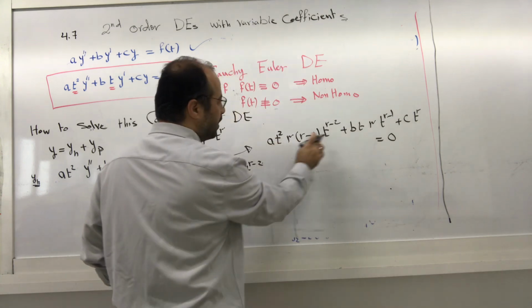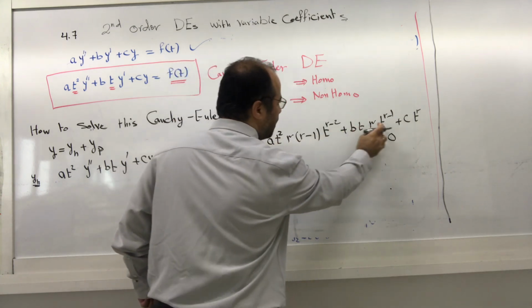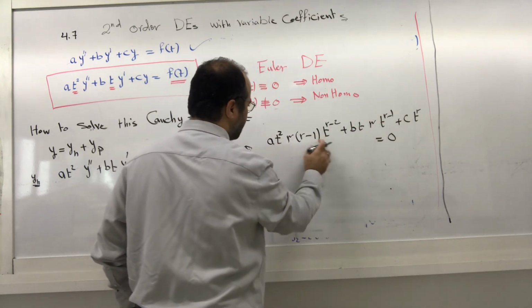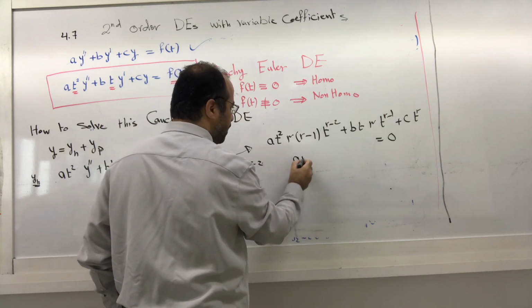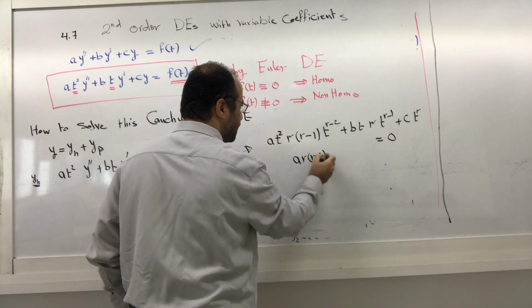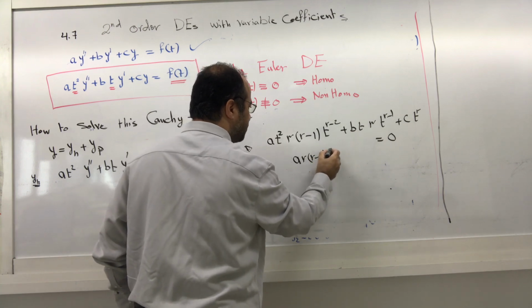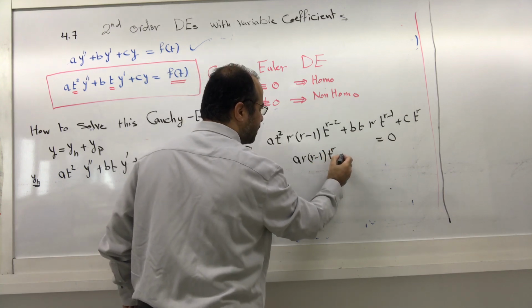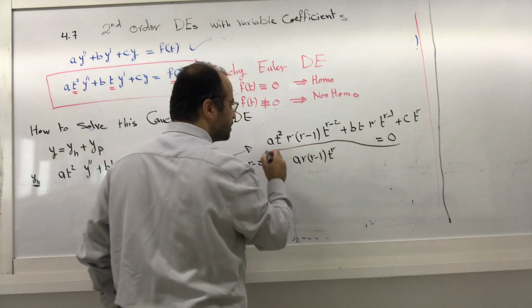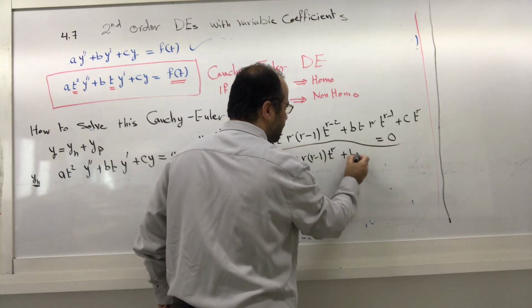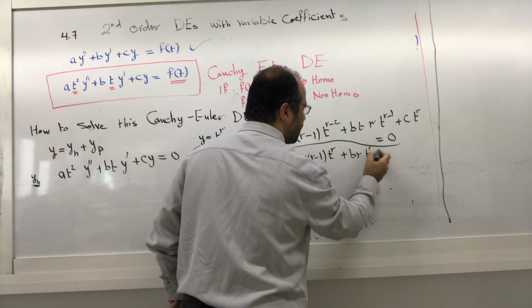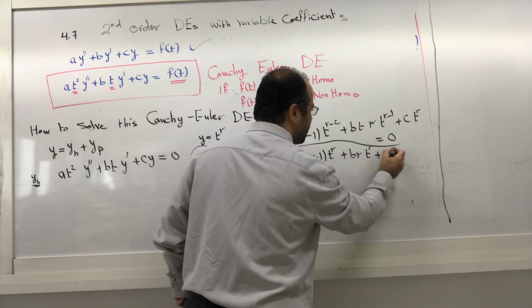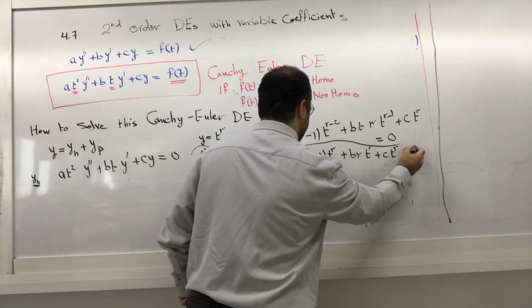Now just combining or multiplying them, you will have something like this. You will have a r(r-1) t^r, plus b r t^r, and c t^r = 0.